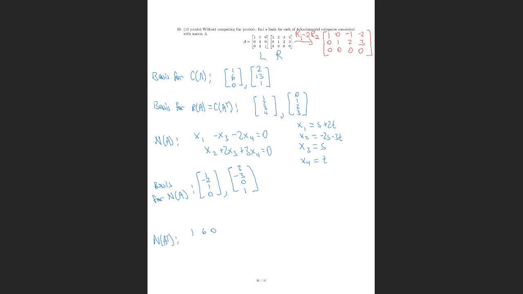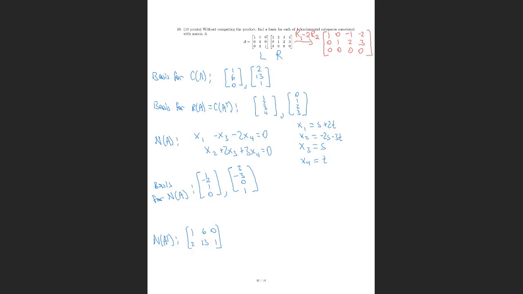And then we had 2, 13, 1. So I take the basis vectors for the column space and put them into a matrix as rows. Writing them as rows because I'm kind of looking at the transpose, if you will. And now I just need to find the null space of this matrix, and that would give me the null space of A transpose.